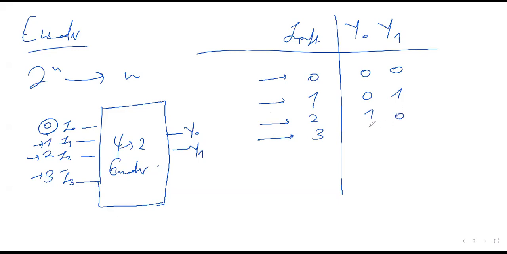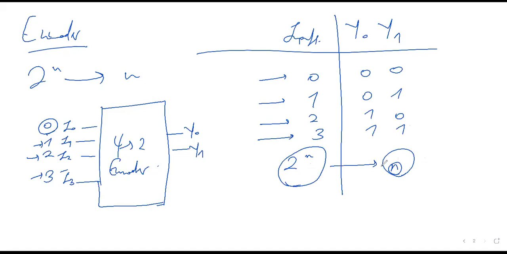Here 1, 1. This is what it does. For 2 to the power of n inputs, you can encode them using only n output bits. Instead of using 2 to the power of n for encoding, I can use only n. That is the application of an encoder.